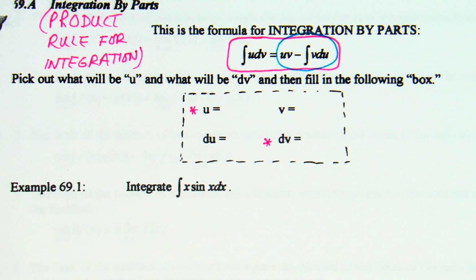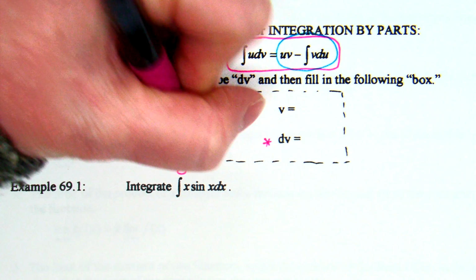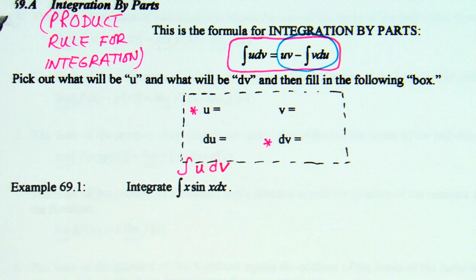So the integral you are looking at right now represents the beginning part. So the integral of u dv. And I will try and keep my u's and v's unique. Okay, so that's what that piece represents. We have to pick out one piece that is u. So pretty much u is either going to have to be the x or the sine x. It's one of those two pieces.